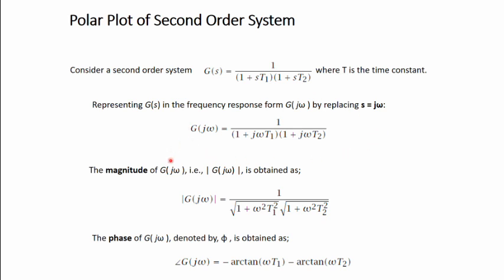The magnitude of this G of j omega is given by 1 upon square root of 1 plus omega square T1 square times square root of 1 plus omega square T2 square, and the phase of G of j omega, denoted by phi, is obtained as minus tan inverse of omega T1 minus tan inverse of omega T2.